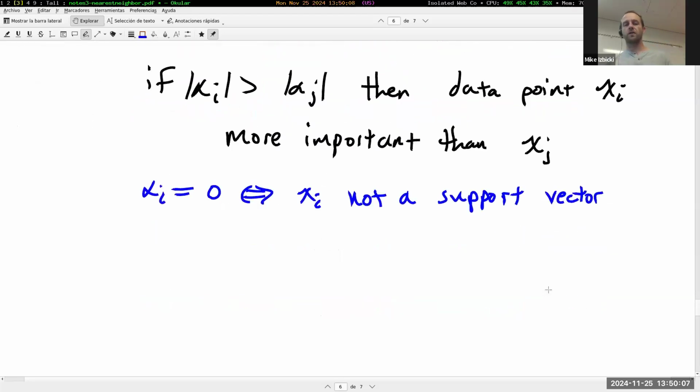And the converse is also true: if alpha sub i is not equal to 0, then that's equivalent to saying that vector is actually important. It's going to contribute to where the hyperplane gets located, and so that is a support vector.